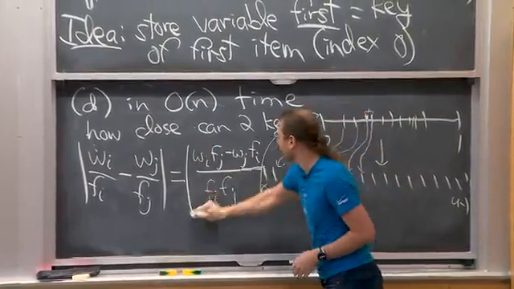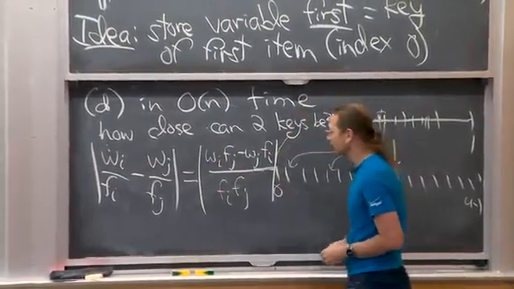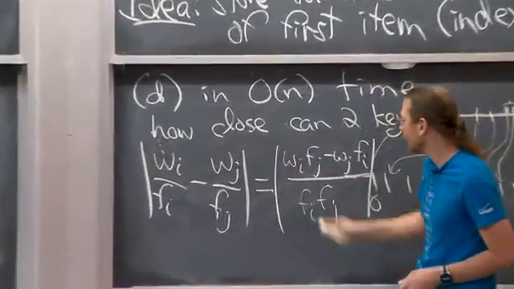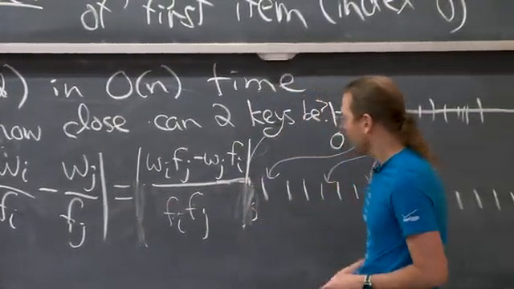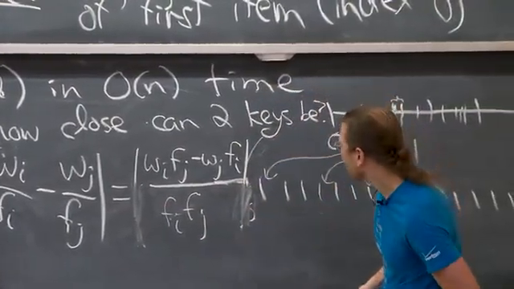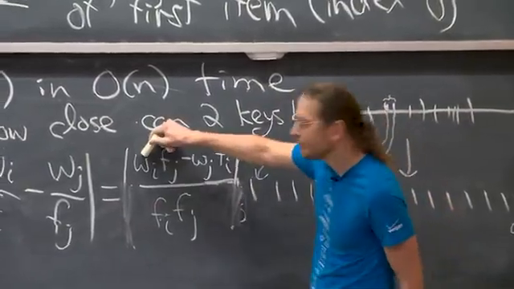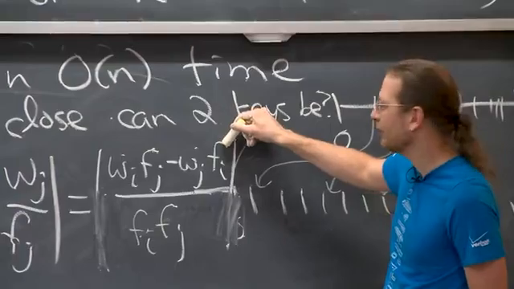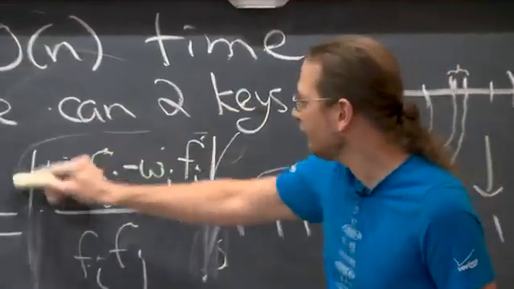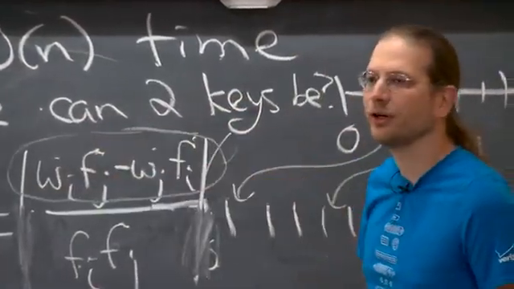Cool, so with some absolute values, same thing. Maybe these are non-negative, so I can actually just put absolute values on the top part. And okay, wi is an integer, fj is an integer, wj is an integer, fi is an integer, all greater than or equal to 0. So this thing is an integer.